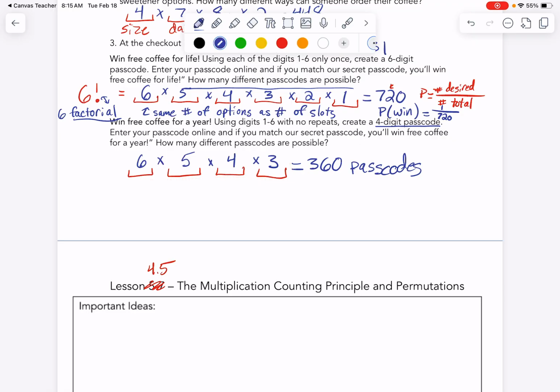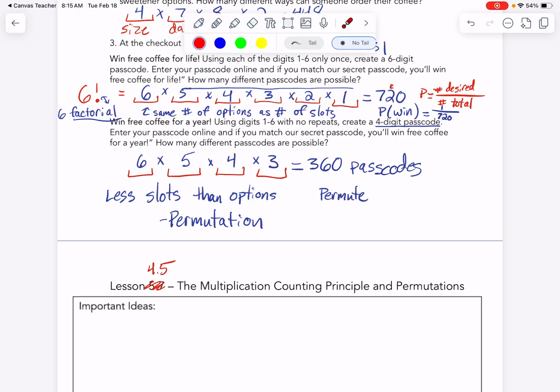So when we have fewer slots than the number of options, the fancy math name for this is not a combination. We're going to learn what a combination is later. The fancy math name is actually called a permutation. The way we write this out is we write out the word permute, and the number of options comes first.